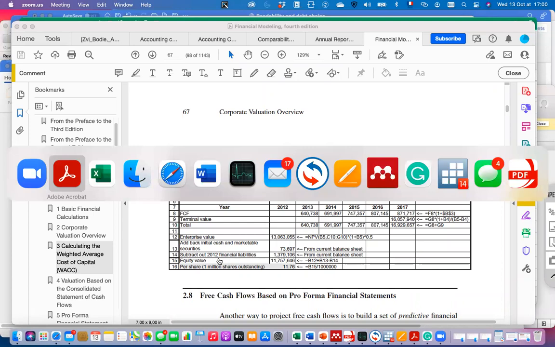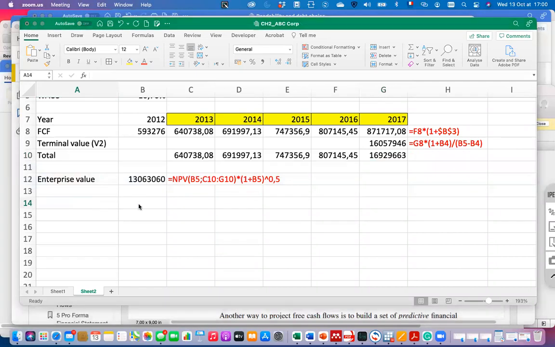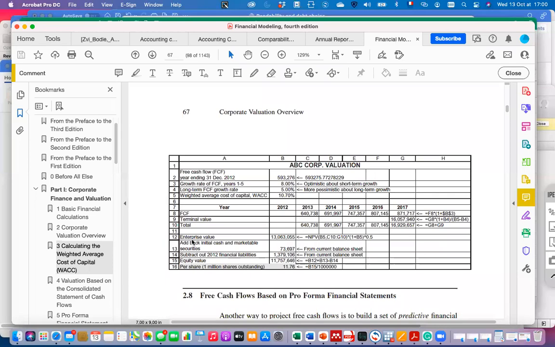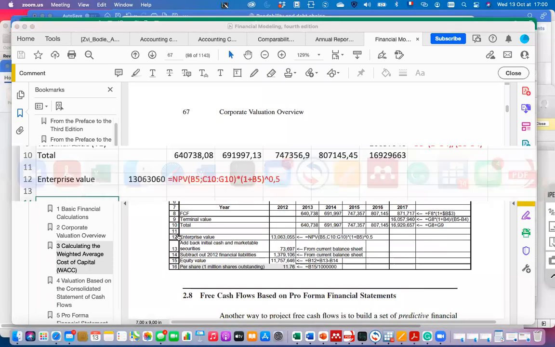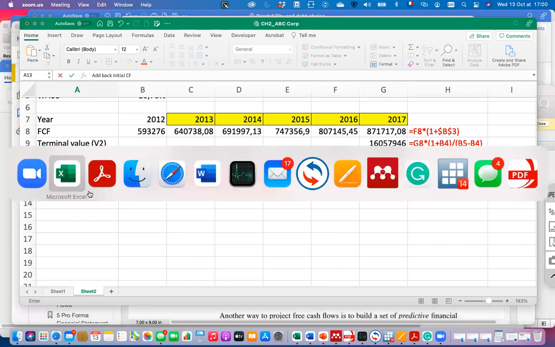So we go here. Enterprise value. We add back the initial cash and marketable securities.